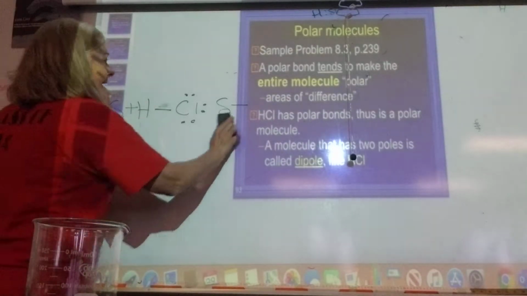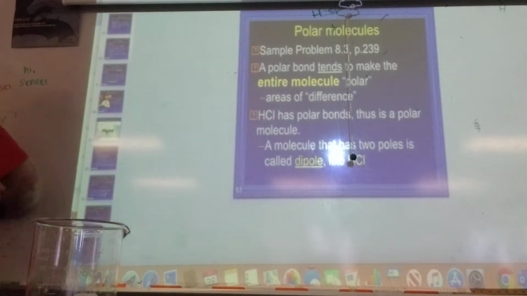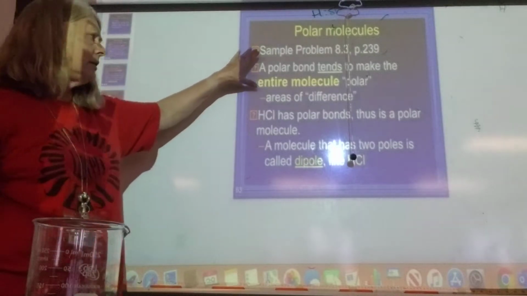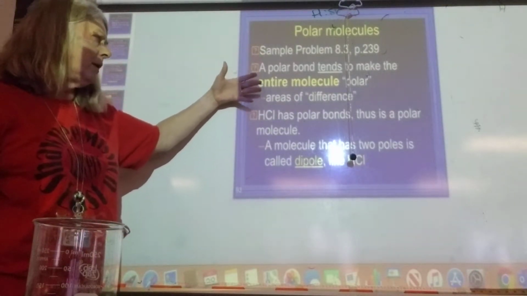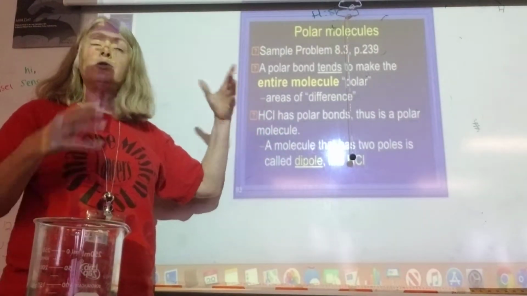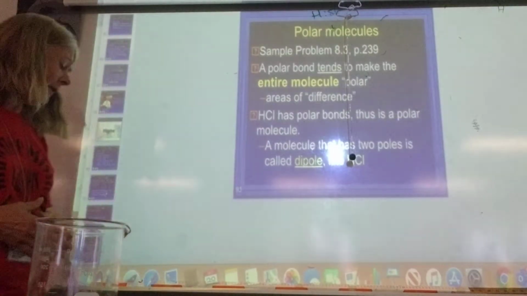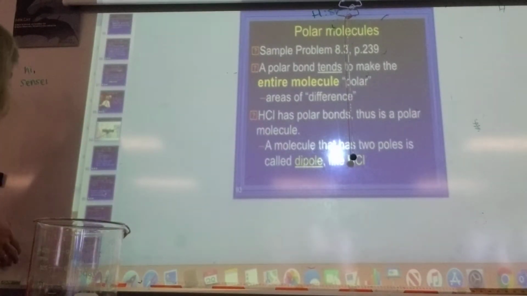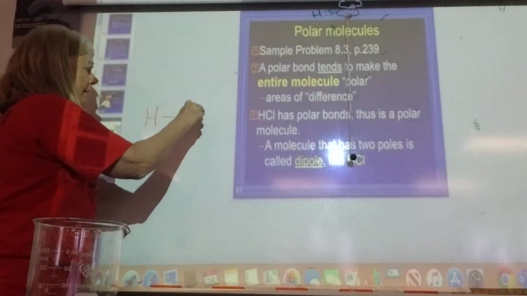Polar bonds tend to, or have the ability to affect an entire molecule. So if I have a polar bond, it can make a polar molecule. HCl is a polar bond, so the resulting molecule is polar. Any molecule that has 2 poles, like HCl, I don't know if you can see this very well.